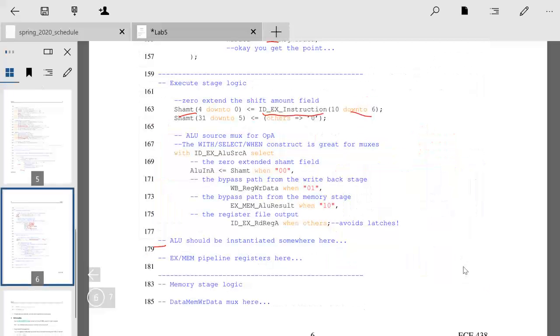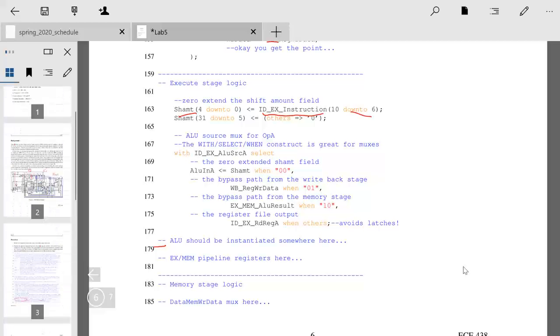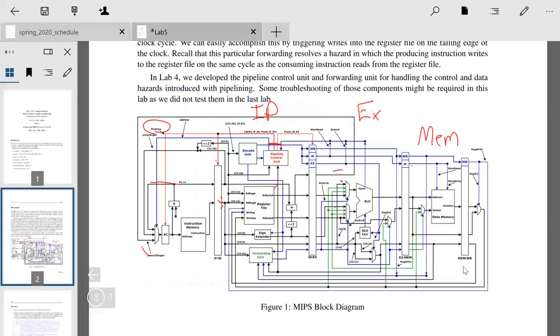Okay, let's go back over here. Oh, SHAMT. Yeah. So here in the diagram, we see that it picks off from the instruction. See, this is our instruction. It comes from here.